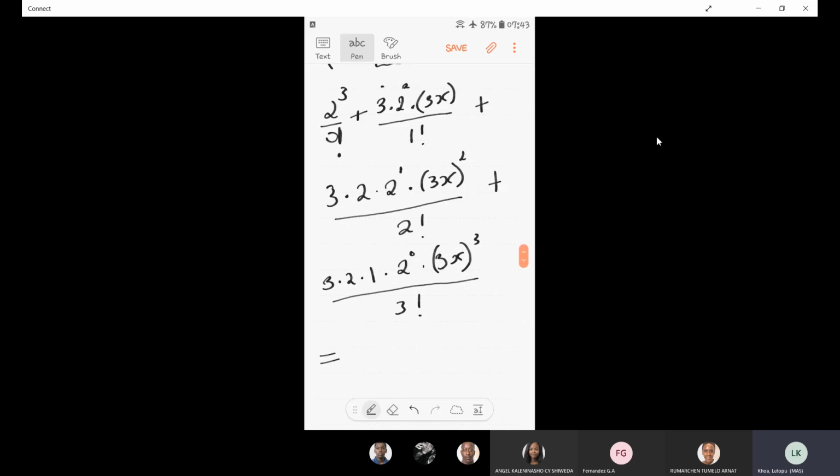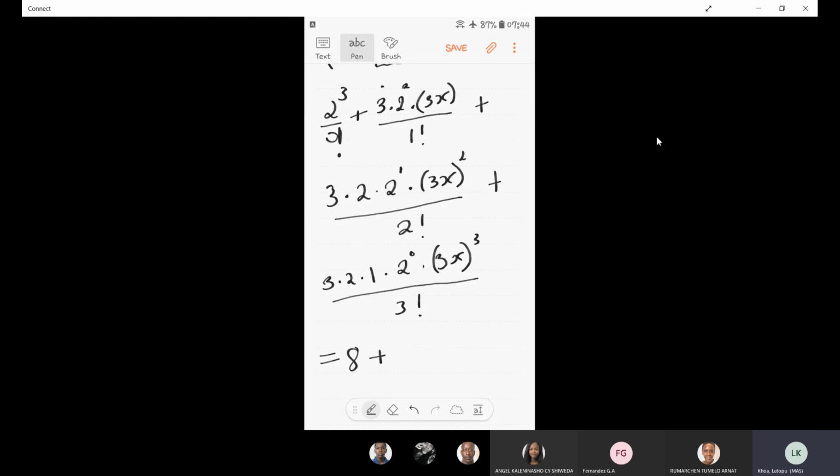So this is equal to, the first one, we just have 2 to the power of 3 divided by 0 factorial. That's 8 divided by 1, because 0 factorial is equal to 1. So this is 8.